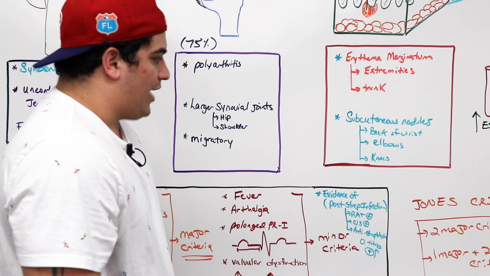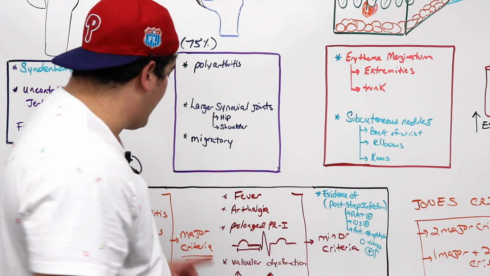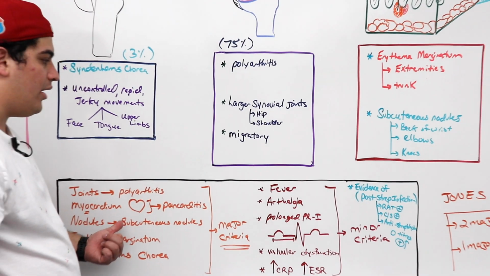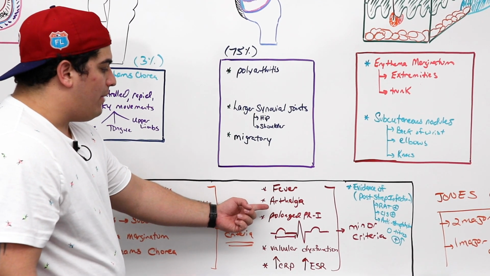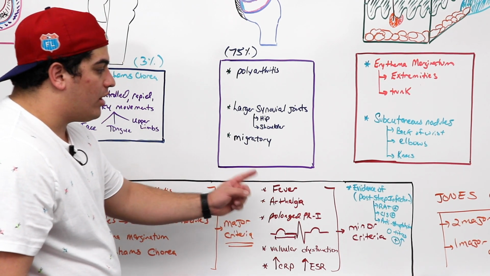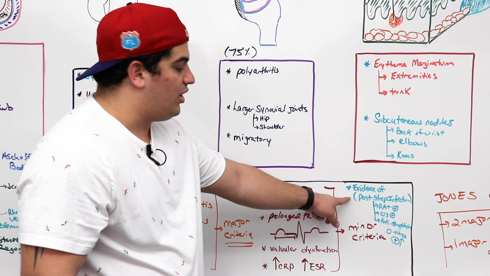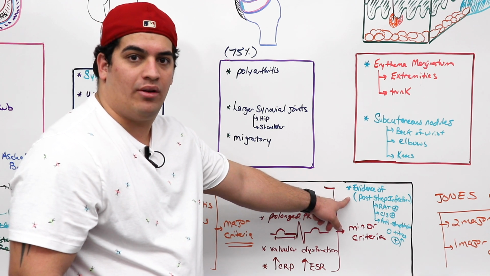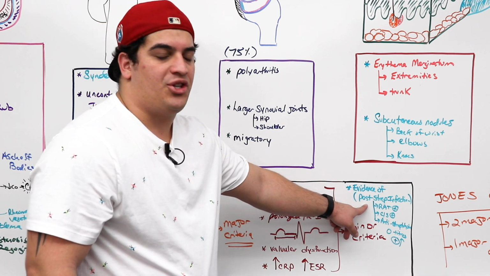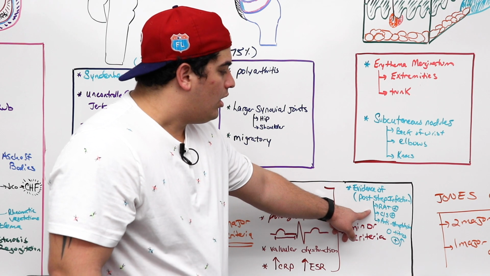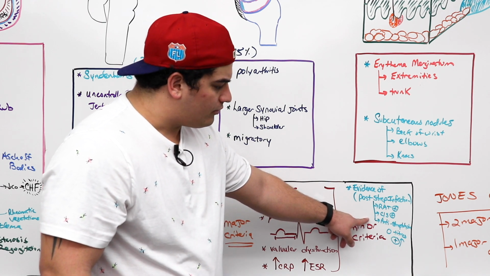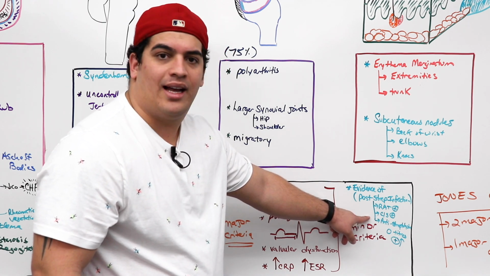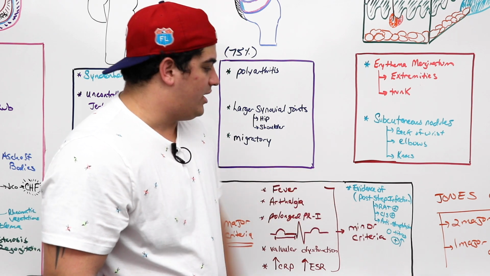These are some of the things that we'll look at. Okay, so again, 2 major criteria or 1 major and 2 minor criteria, and one of the big minor criteria is usually you need to have evidence of the post-streptococcal infection by doing either a rapid antigen detection test, a positive culture and sensitivity, and looking at their titers for the anti-streptolysin O antibodies.